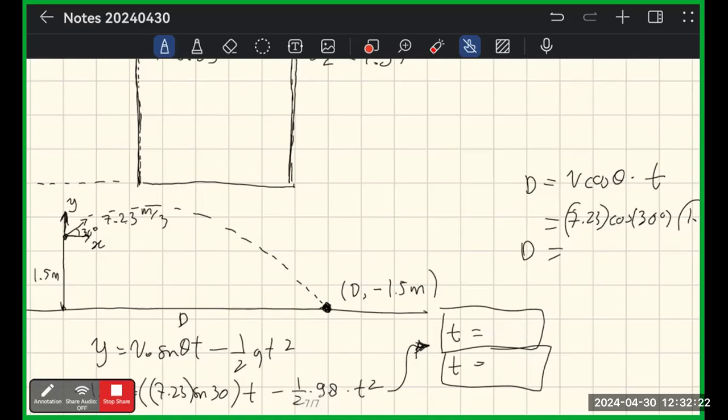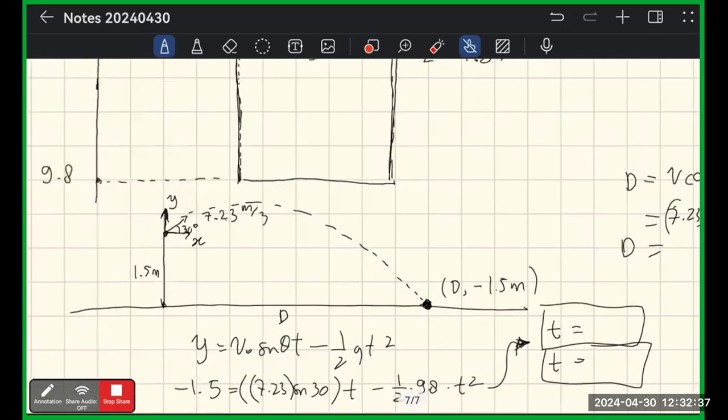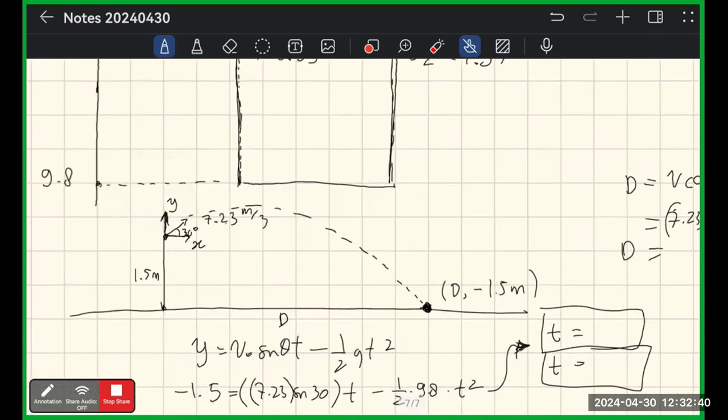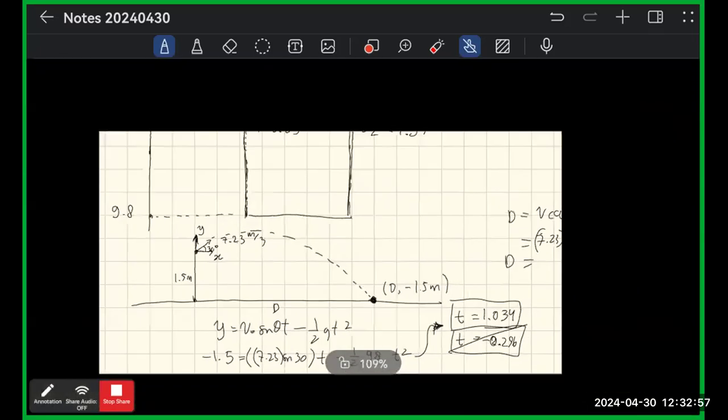So it's 1.034 and 0.296, which, yeah, these things still mean the same.